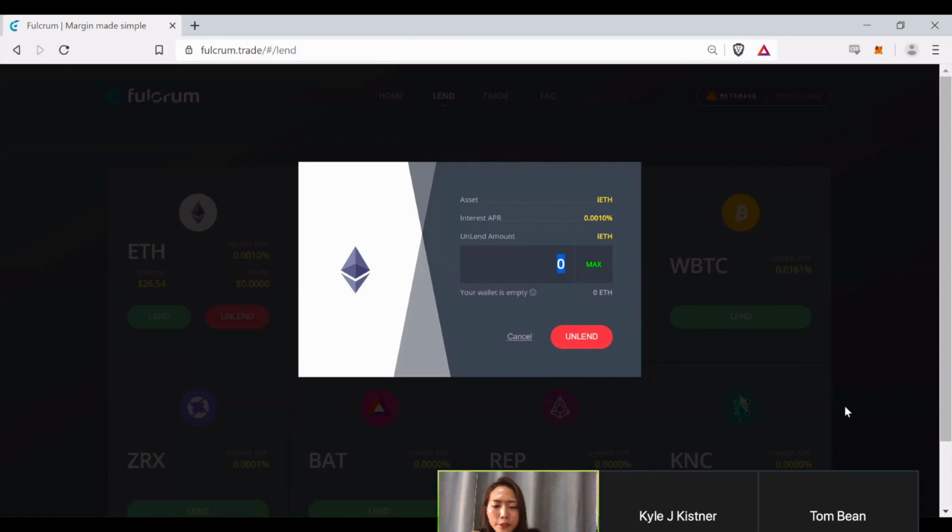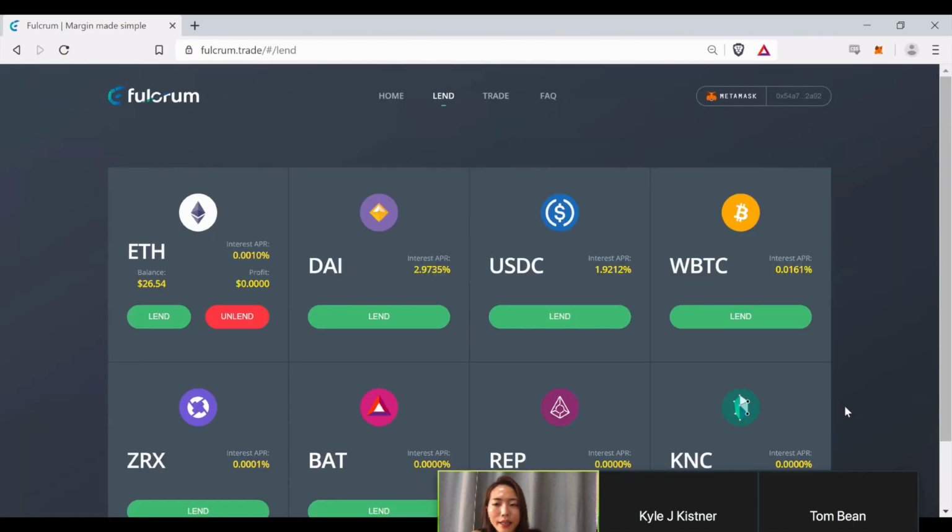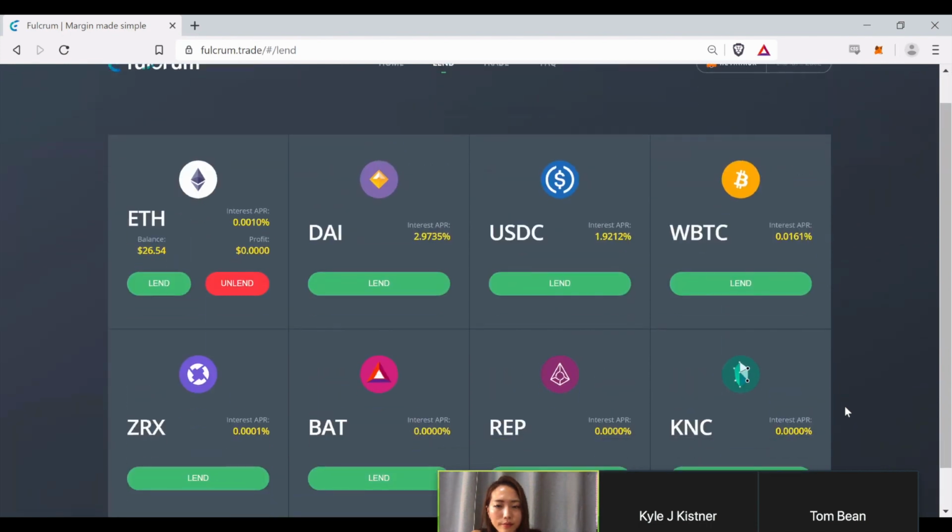Is there a feature where I can borrow the assets these lenders put in? So in terms of borrowing, we're going to be releasing an interface for that in the near future, and that'll have a very different flow to it.